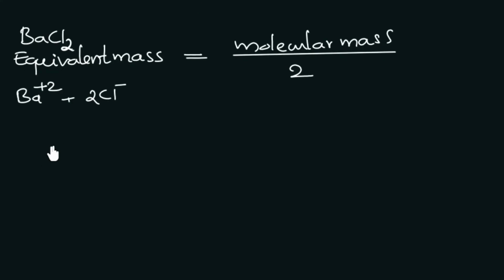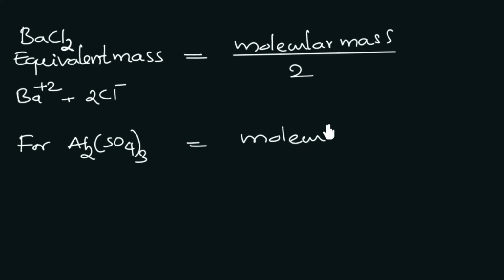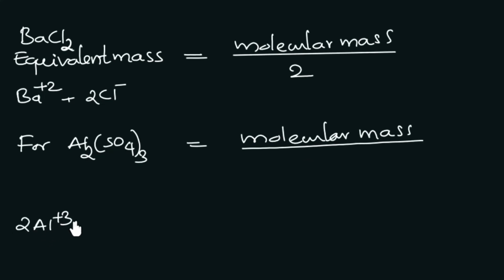Now let's take one more example, that is Al2(SO4)3. For this, the molecular mass we have to write as it is, molecular mass of aluminum sulfate, the whole divided by the number of positive or negative charges. When I split here, I get 2 aluminum plus 3 ions and 3 SO4 minus 2 ions.